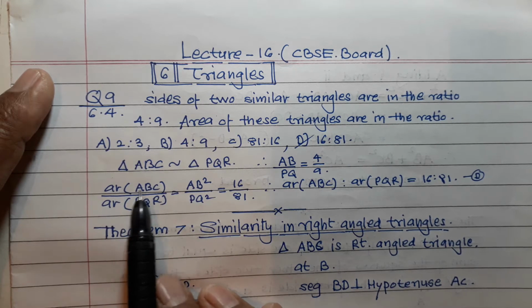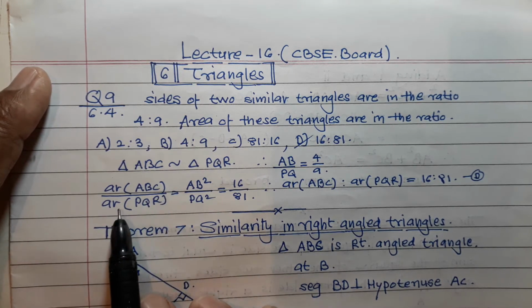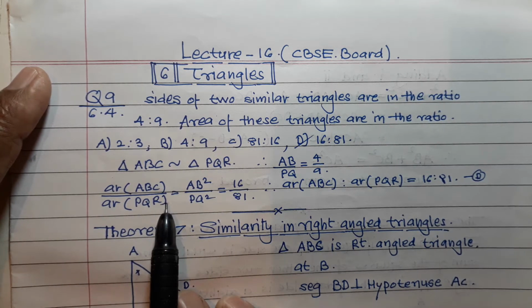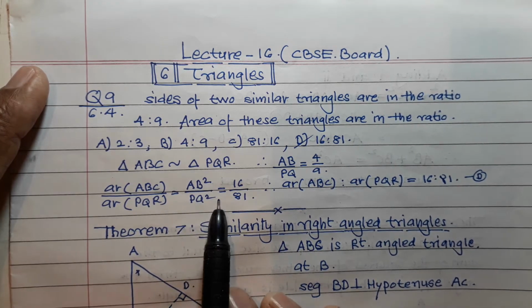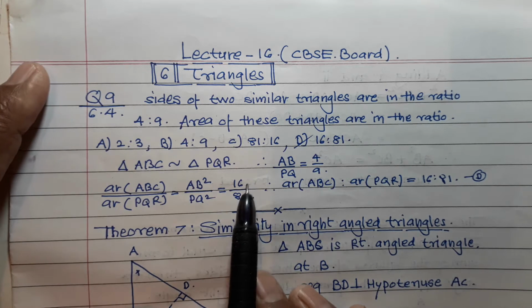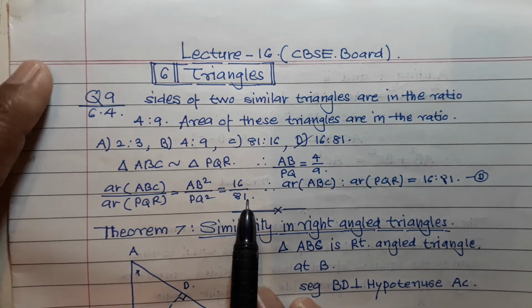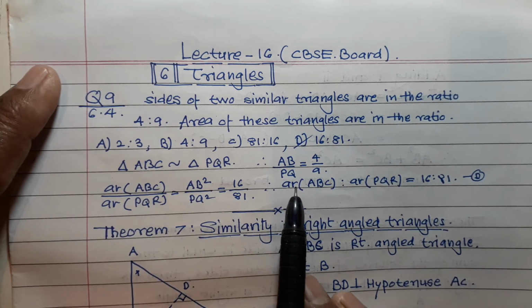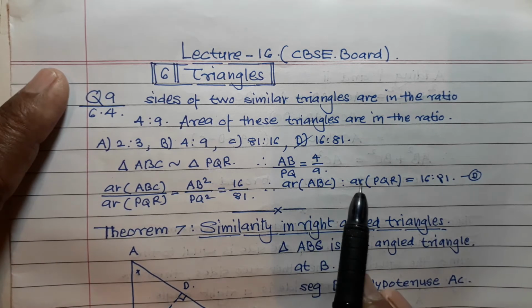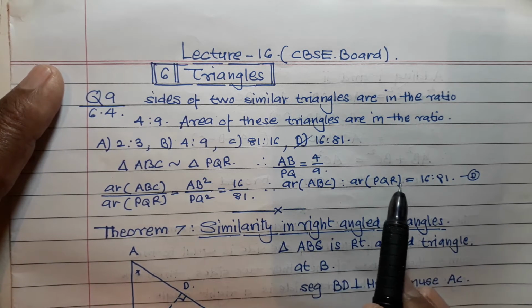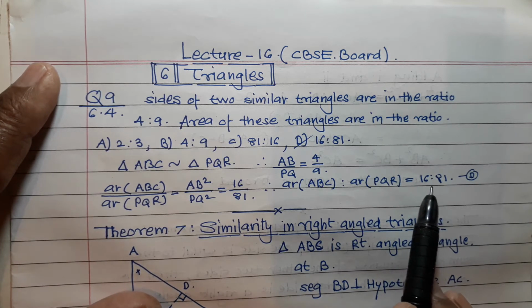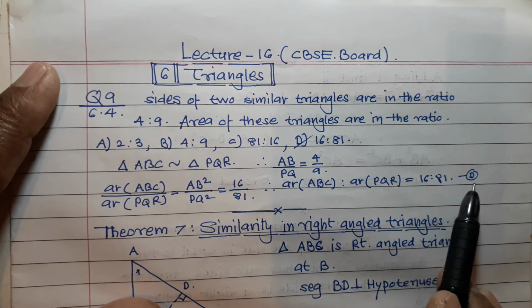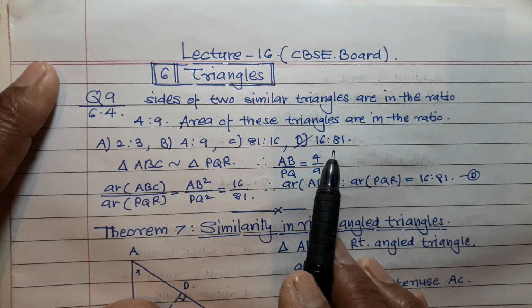Therefore area of triangle ABC upon area of triangle PQR is equal to AB square upon PQ square, which is equal to 16 upon 81. Therefore the area of triangle ABC is to the area of triangle PQR as 16 is to 81. Option D.